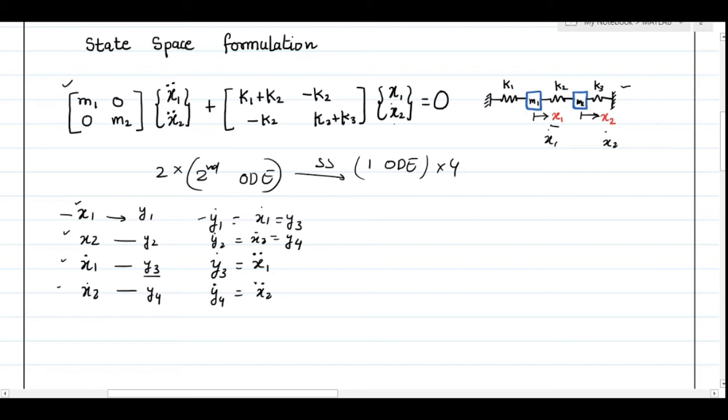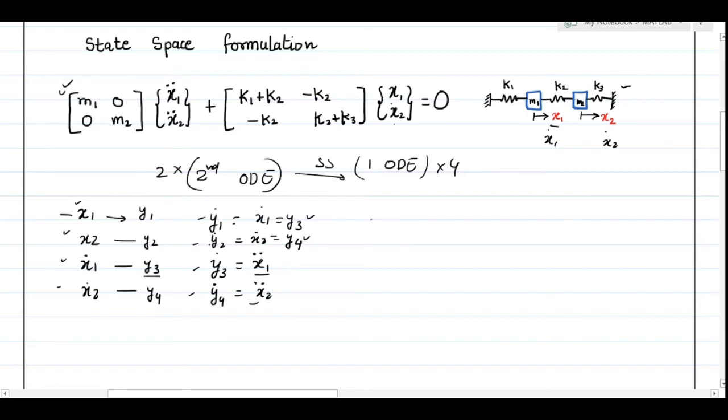So we have y1 dot, y2 dot, y3 dot and y4 dot, where y1 dot and y2 dot are equal to y3 and y4. For the third and fourth equation, we can get these values using our governing equation. So what will happen here?